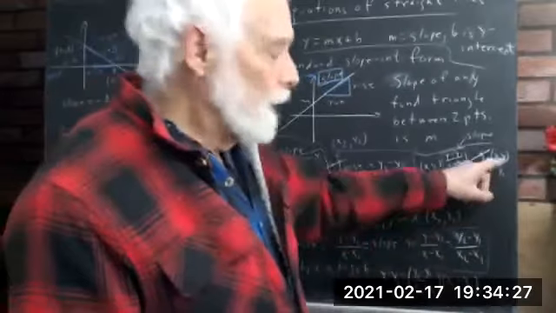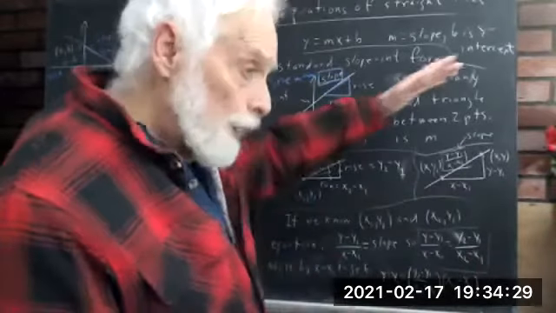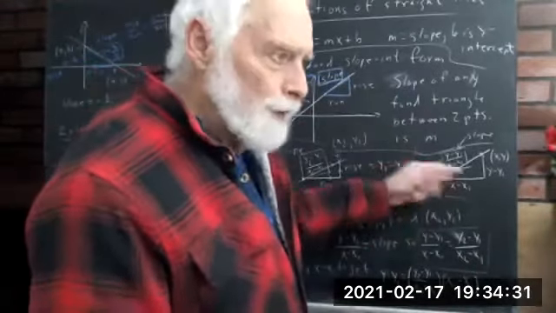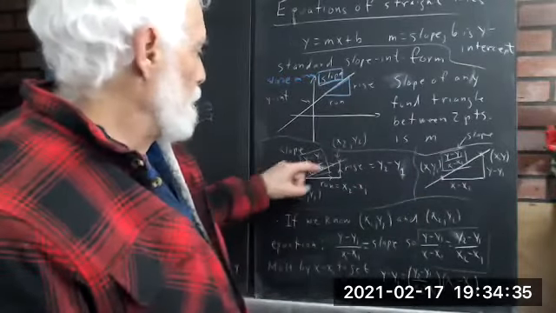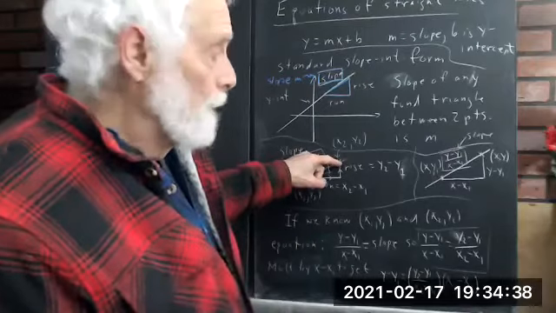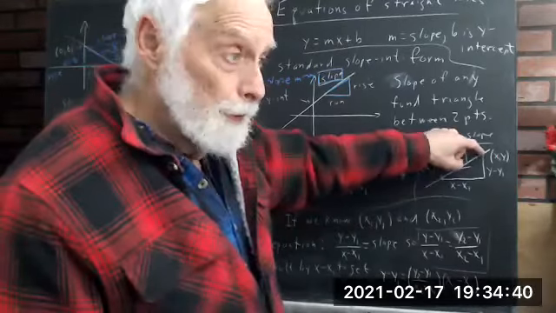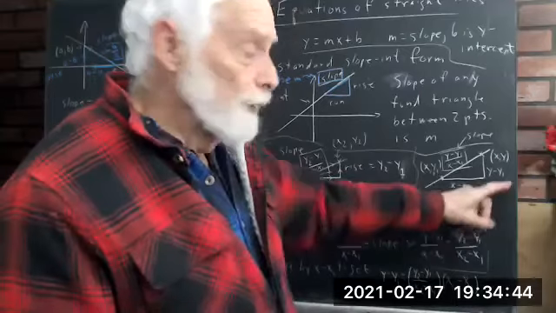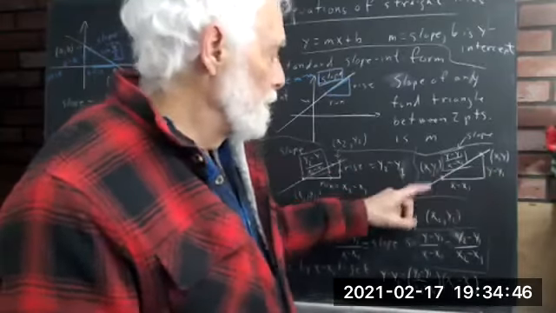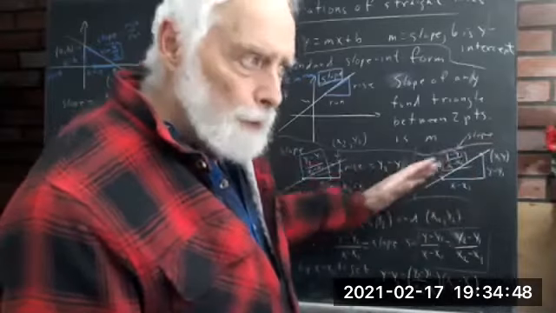If xy is on the line, then the slope has to be the same as the slope between x1, y1 and x2, y2, because these are 2 points on the line. The rise and the run are y minus y1 and x minus x1, where x and y are variable quantities.